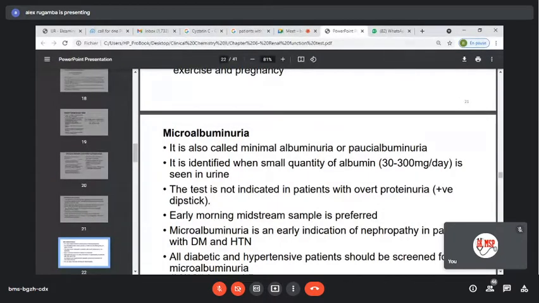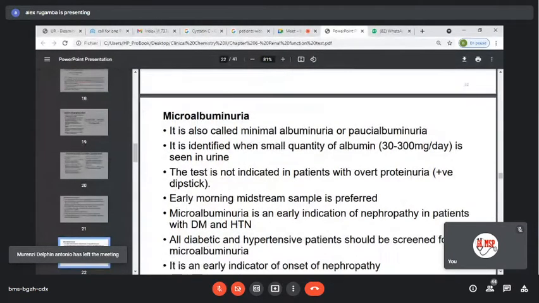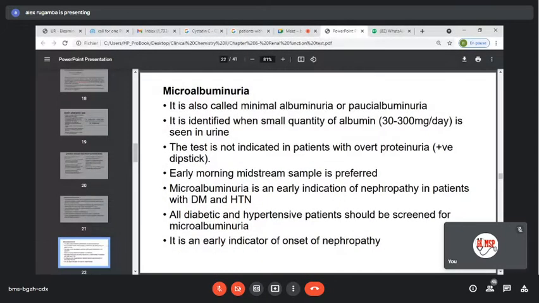There is microalbuminuria, also called minimal albuminuria. This is the small quantity of albumin that may pass in urine. It does not indicate a patient with overt proteinuria. We use the morning midstream sample. Microalbumin is an early indication of nephropathy in a patient with diabetes mellitus or hypertension.